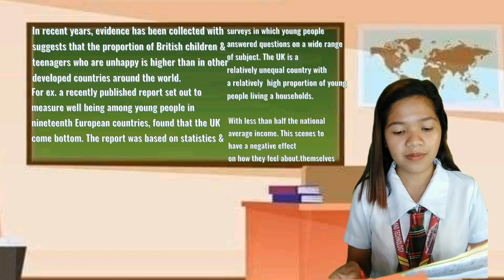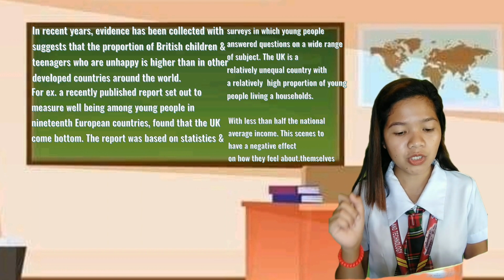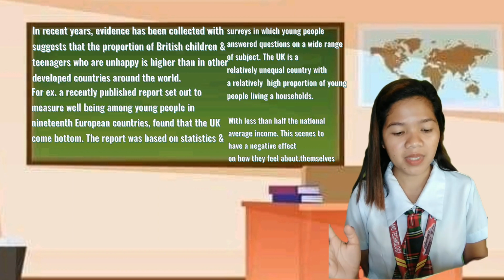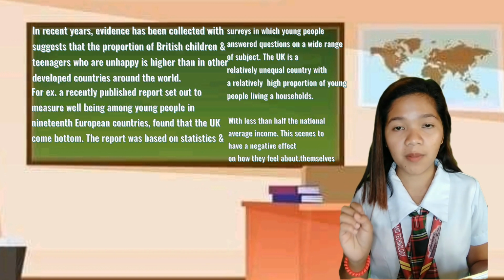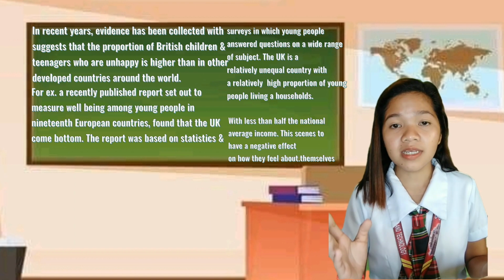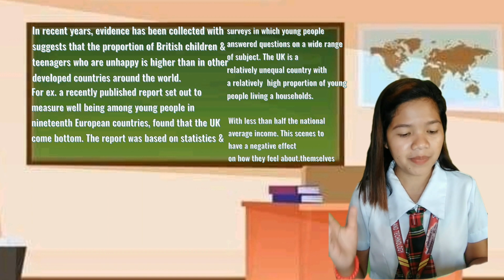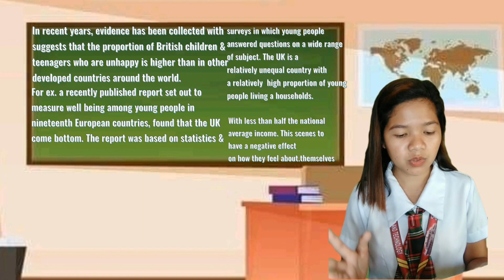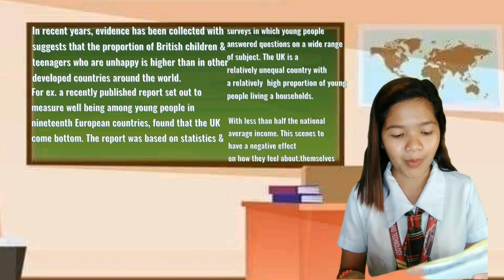In recent years, evidence has been collected which suggests that the proportion of British children and teenagers who are unhappy is higher than in many other developed countries around the world. For example, a recently published report set out to measure well-being among young people in 19 European countries, and found that the United Kingdom came bottom.